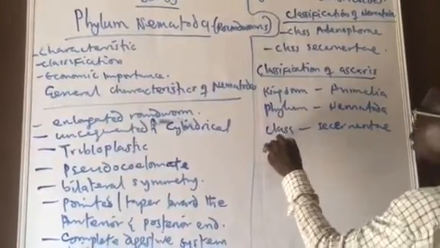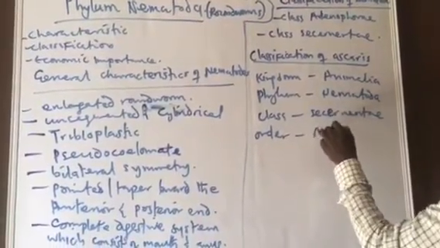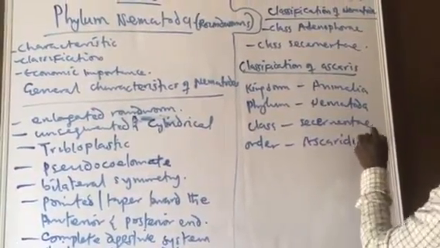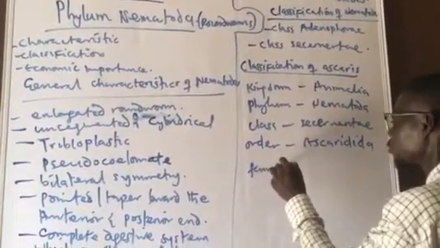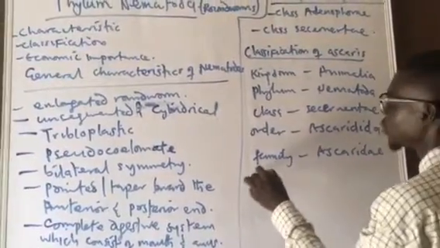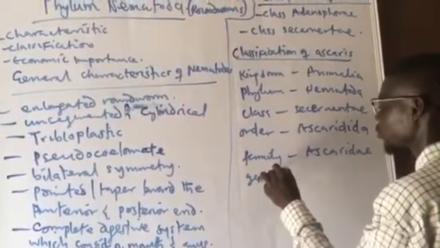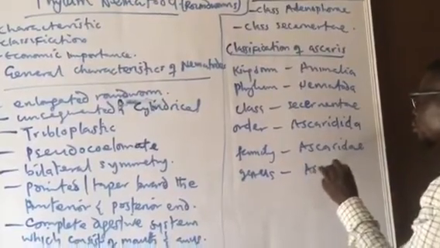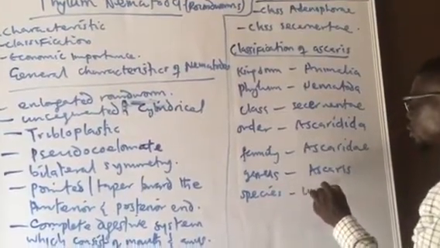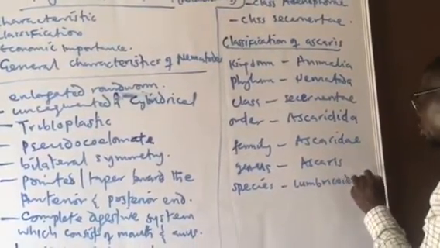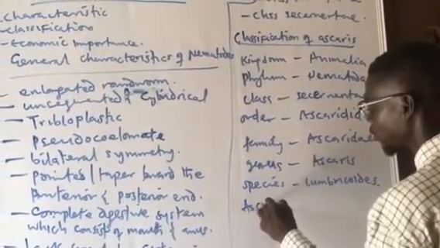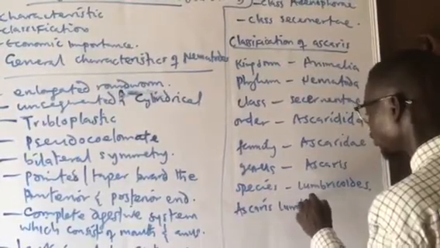We have the order Ascaridida, family Ascarididae, and genus Ascaris, species lumbricoides. So that is the classification of Ascaris lumbricoides.